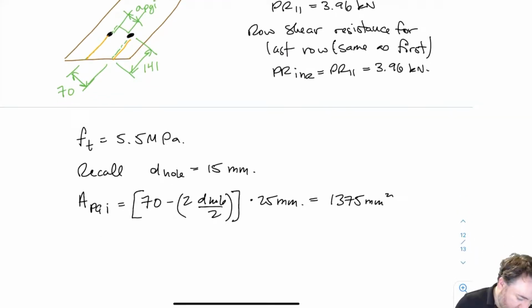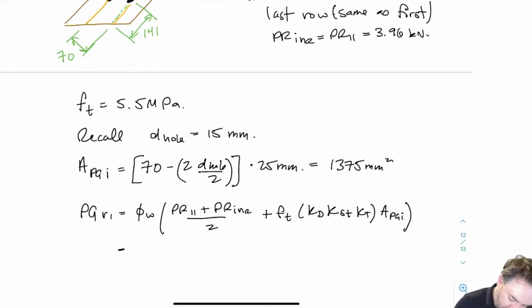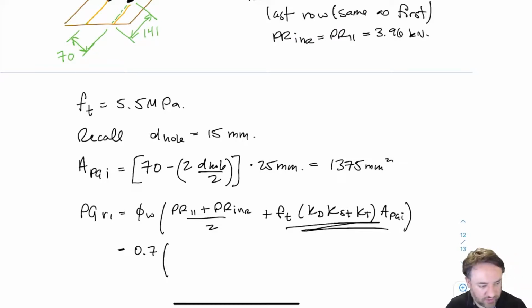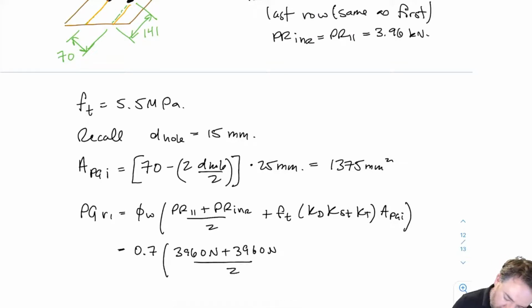Okay, and so now I can calculate my P_GR1, which is my group tear-out strength. We have to be very careful here because we have to remember that we're comparing newtons to newtons. When I calculate the right side of this equation, it's going to come out in newtons if I have MPa and millimeters squared. So therefore, I will need to put in my P_RI and P_RN_R, both in newtons, divided by 2.